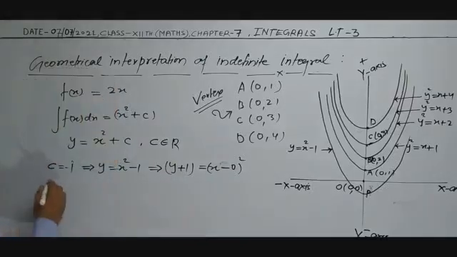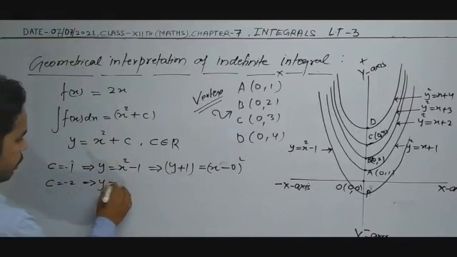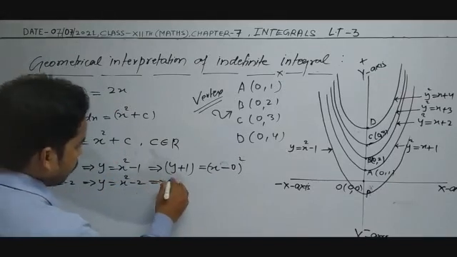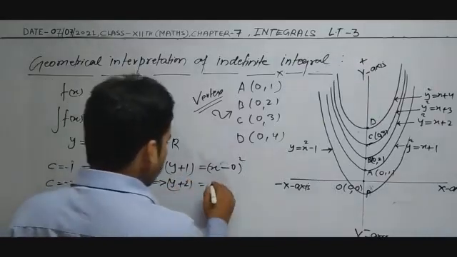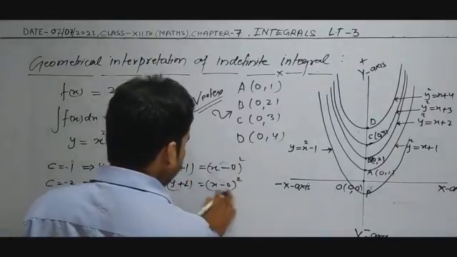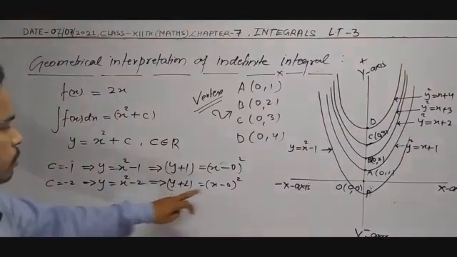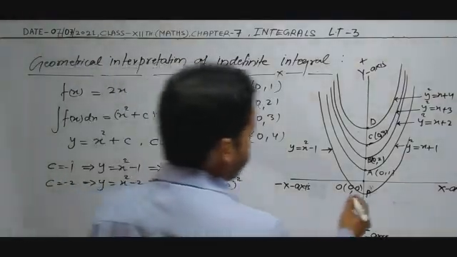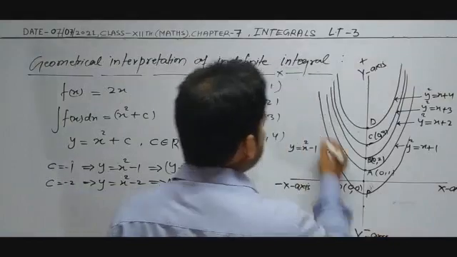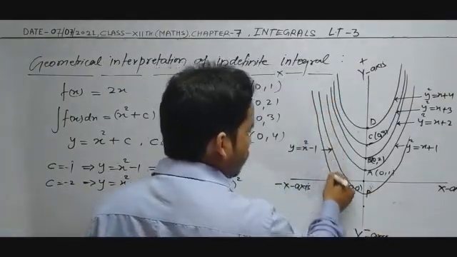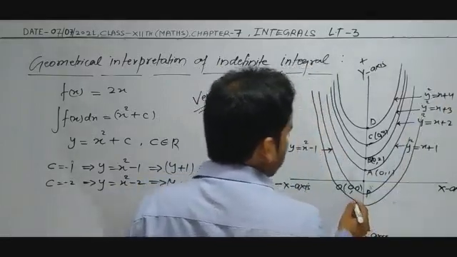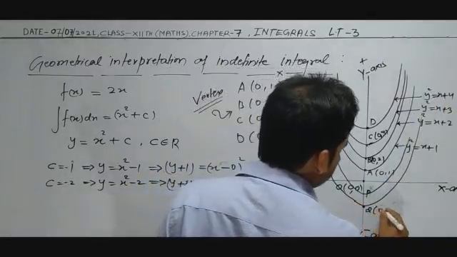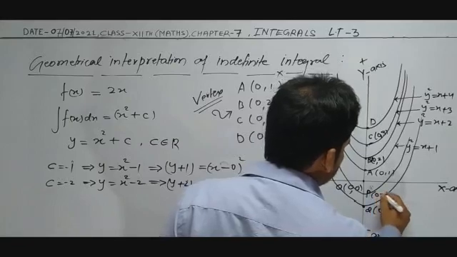Now suppose the second equation, at c is equal to minus 2, you will get y is equal to x square minus 2. This implies y plus 2 is equal to x minus 0 whole square. So its vertex will be 0 comma minus 2. 0 comma minus 2 is the point here, and draw the parabola. 0 comma minus 2 is point Q, and P coordinate is 0 comma minus 1.